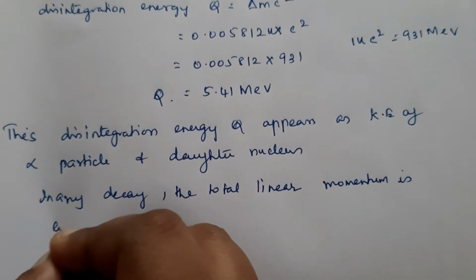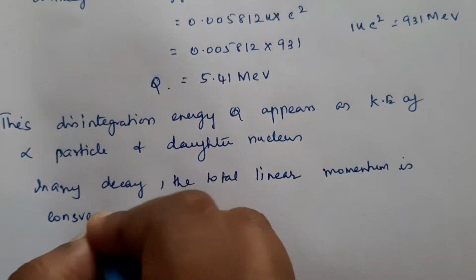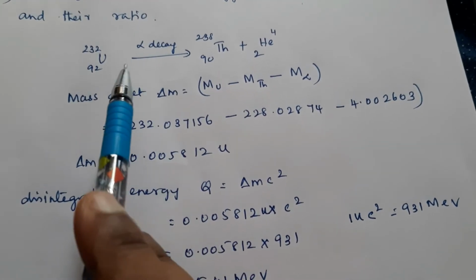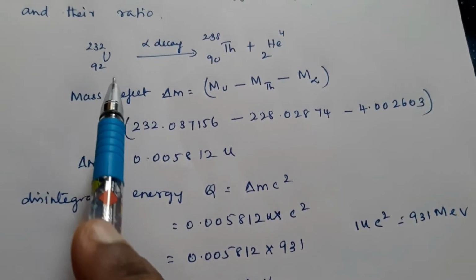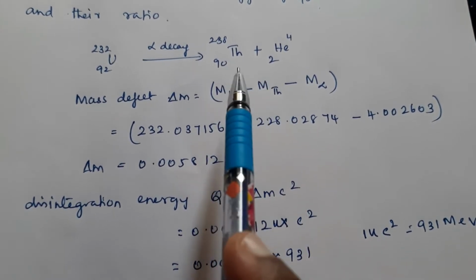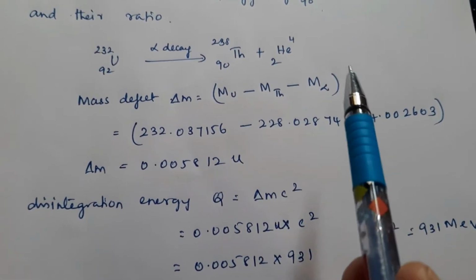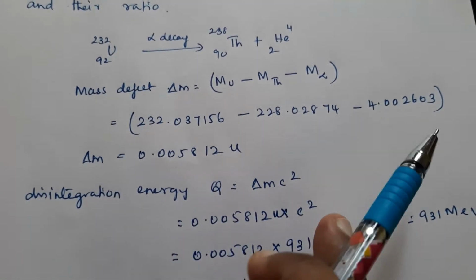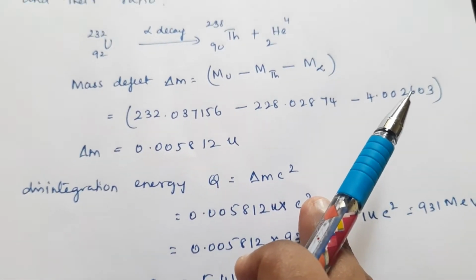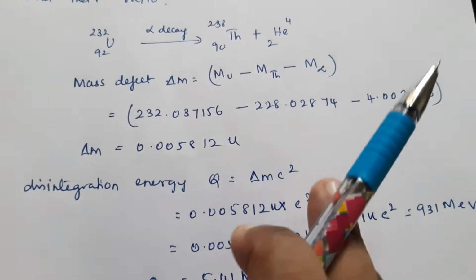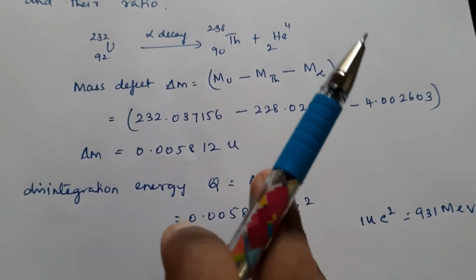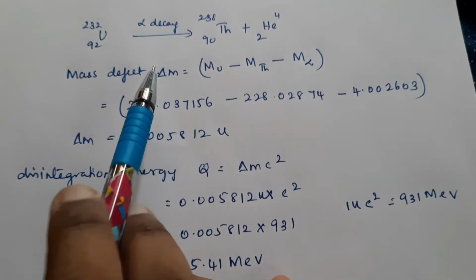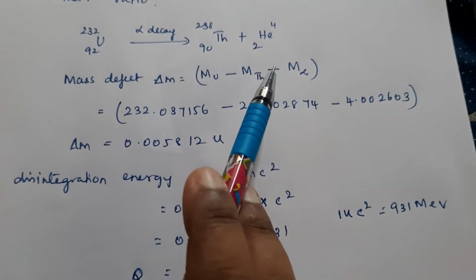The momentum before decay is the momentum of the uranium particle, and the momentum after decay is that of the thorium and helium particles. But before decay the uranium is at rest. So the momentum before decay is 0. Only there is a momentum after decay.